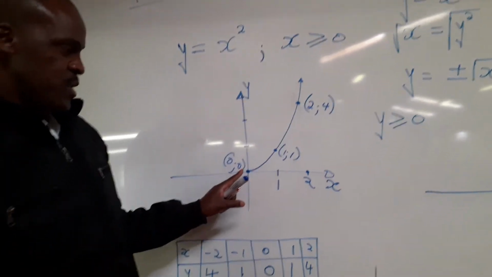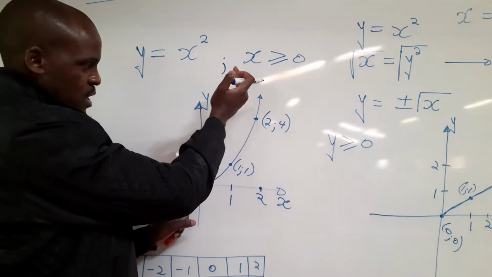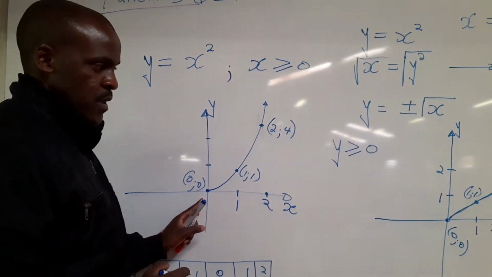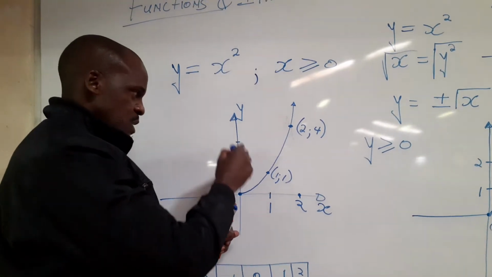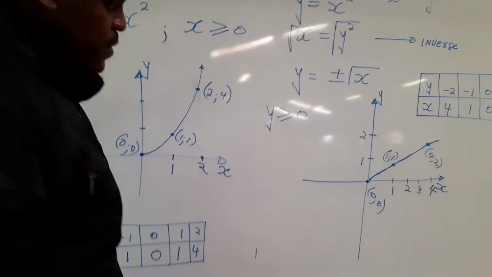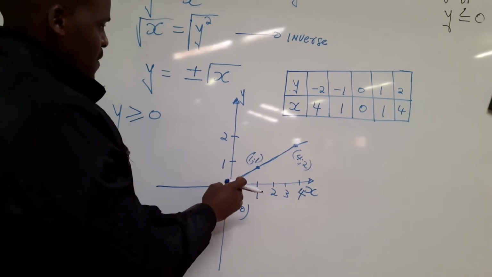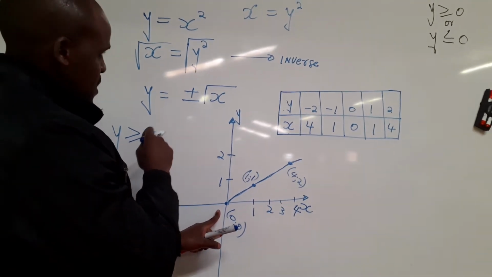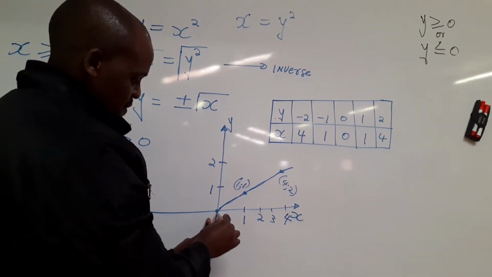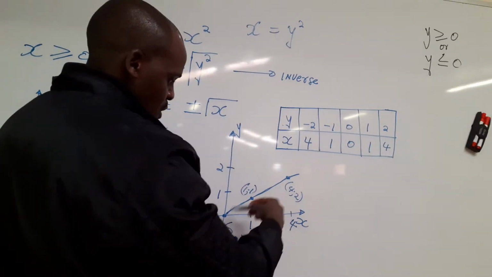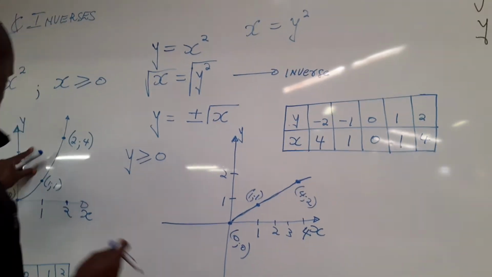Looking at the two functions, our a is positive and the graph is facing upward. It is facing the positive values of y. Here, the inverse. Still, the value of a is still the same. It's positive. That means the inverse will be the same as you have seen here.